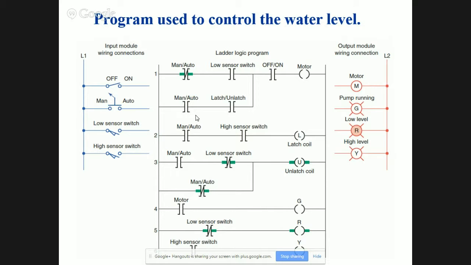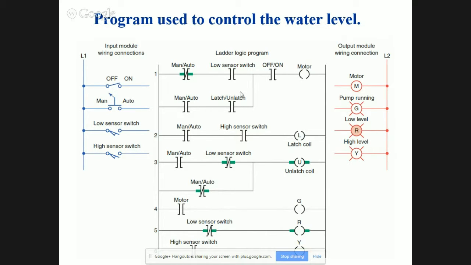All right, when this is closed, when this is true, it's in auto. And so when it's in manual and the low sensor switch is on, which means I've got water in there, then I can turn the motor on and off.